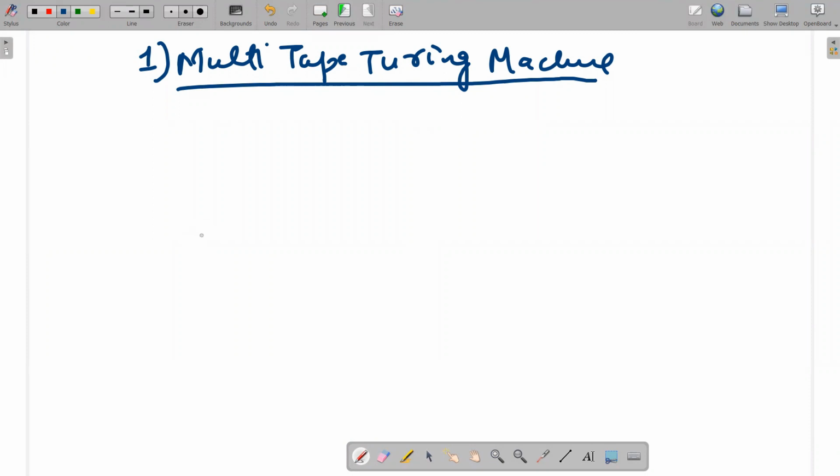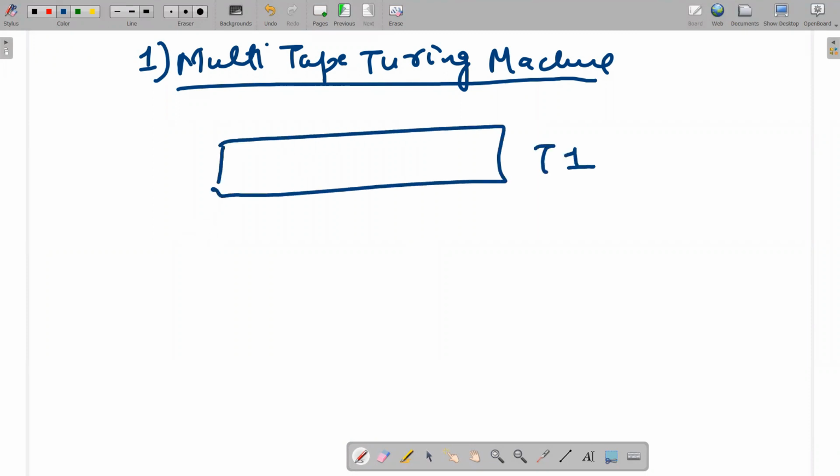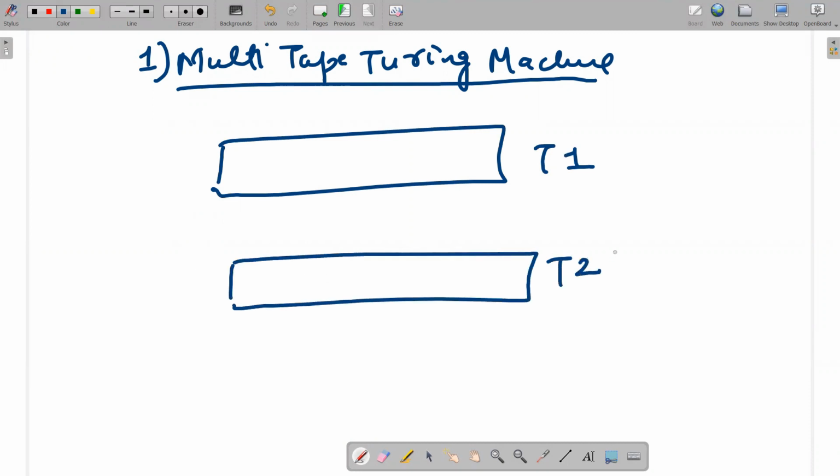For example, this is tape 1, and this is tape 2. So we have two tapes, or multiple tapes, and they have their own read and write head. This one has a read-write head here, and this one has a read-write head here.